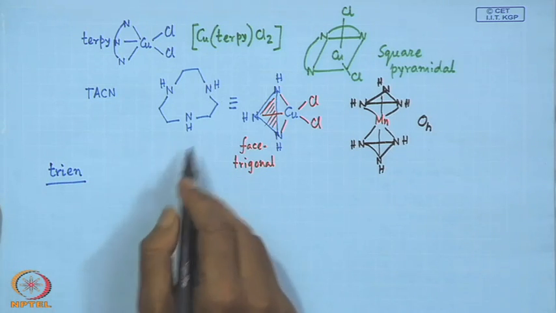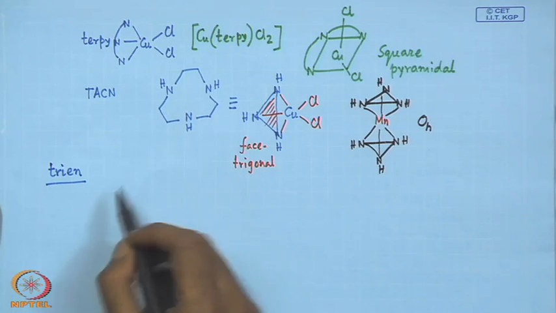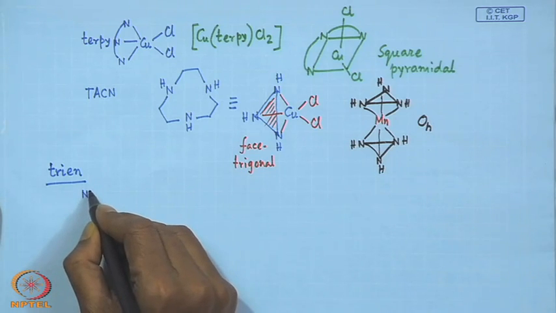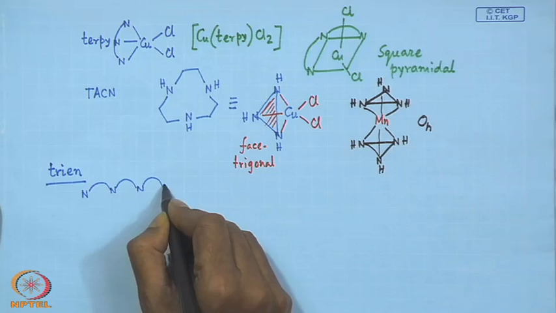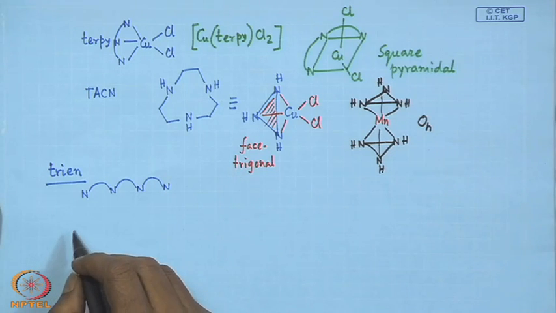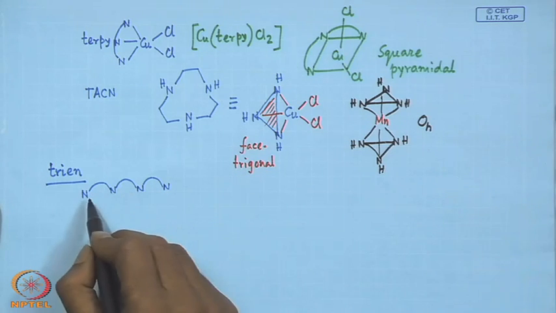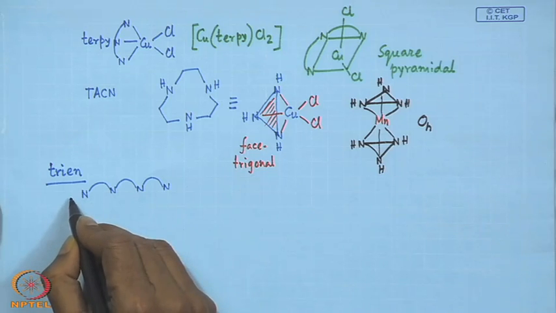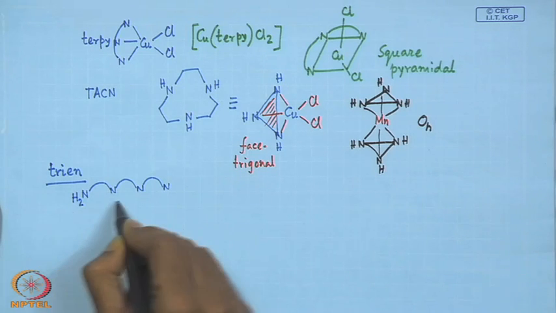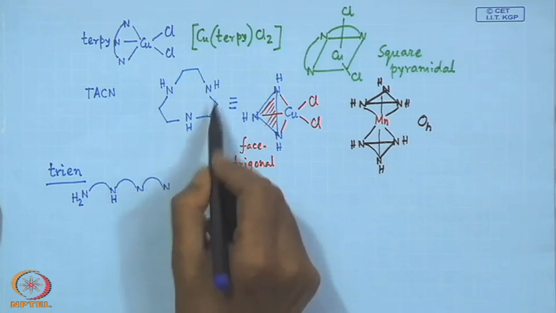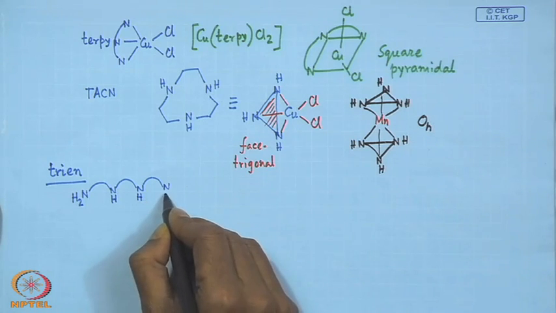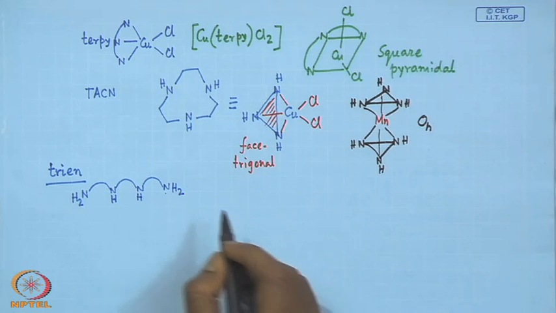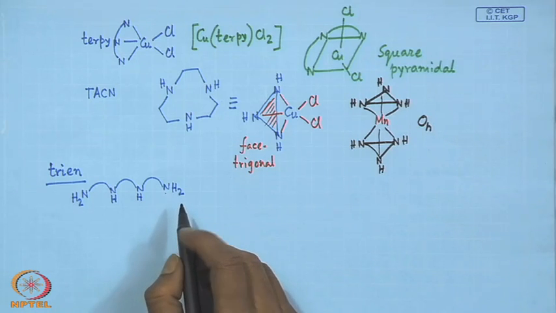So, like that where we have that N3 type of ligand, now we can have triethylene tetramine, sorry, the triethylene tetramine molecule, using this backbone of diethylene triamine, which is one more extension of the ethylene backbone.